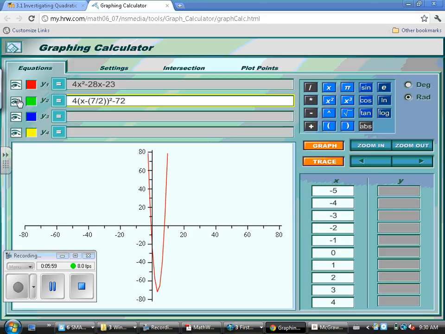You can use these eyes to hide or show the different equations, the eyes over on the left. If I click the red one right here, it'll hide the red one. I have to hit graph again, maybe.